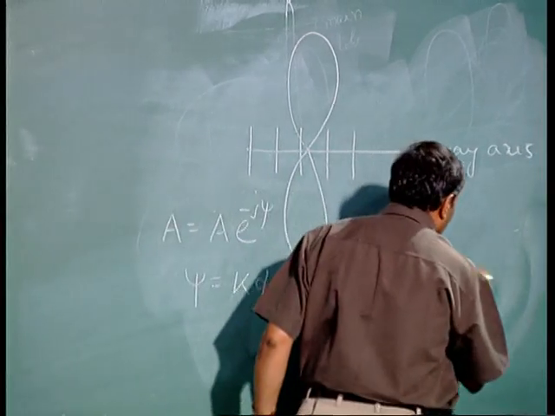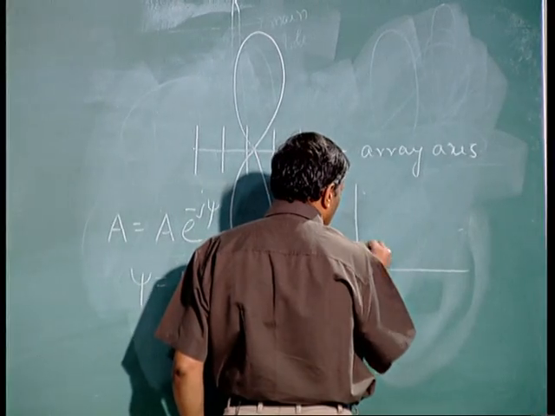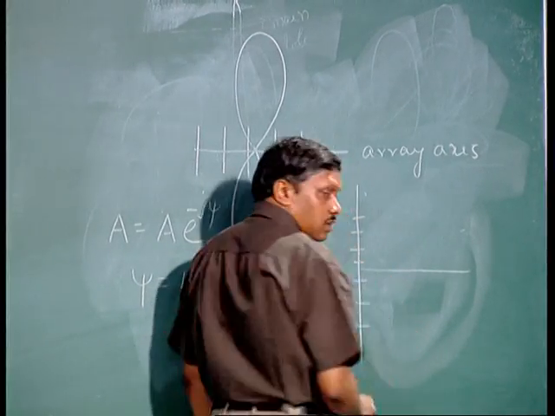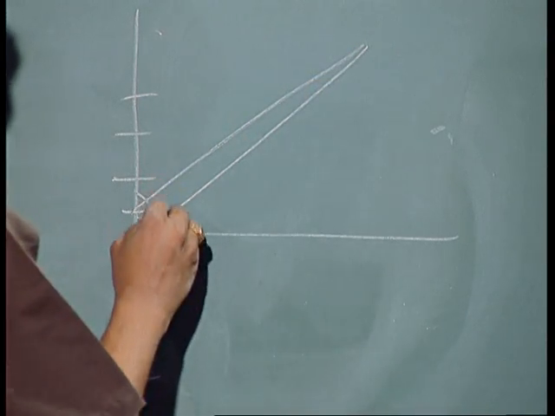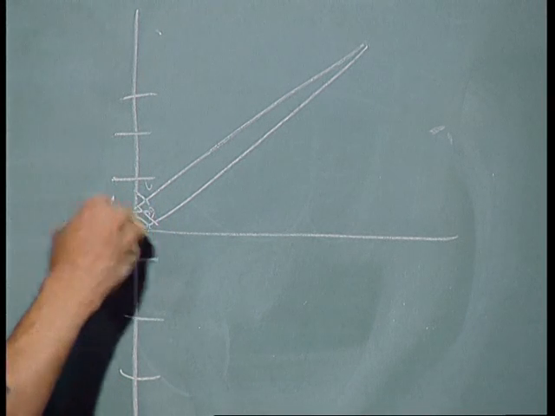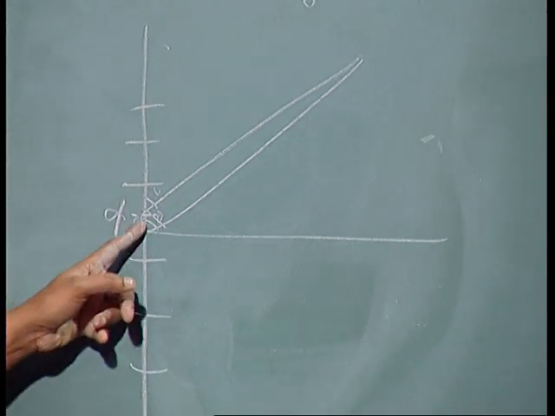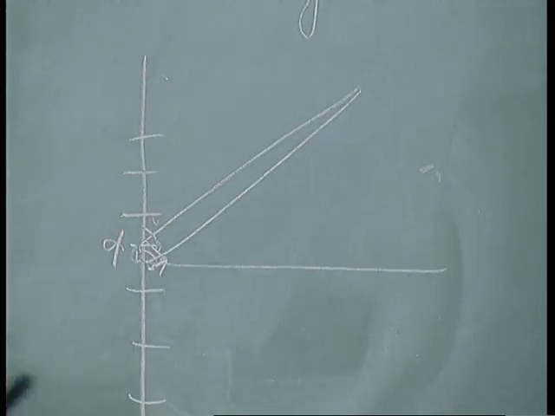Suppose your array is aligned like this, 1 2 3 4. They make an angle theta, and this distance, let us say, is d. Then the separation between these two is d cos theta.